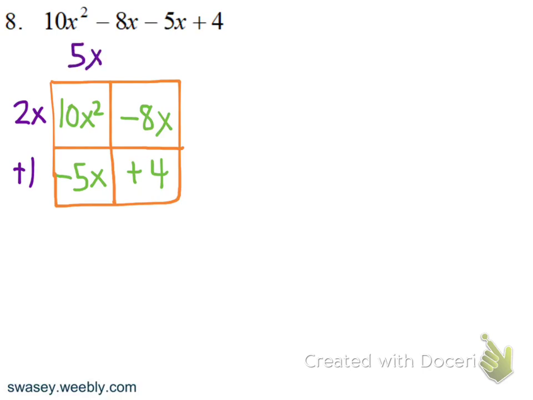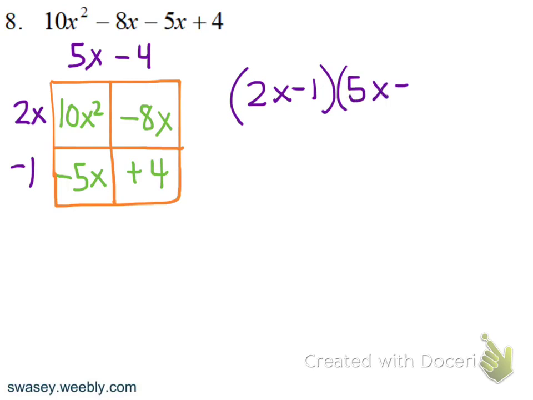Now this has to work from the bottom row. 5x times 1 is 5x, not negative 5x. So what we're going to have to do is try a negative 1 here instead of a positive 1. Now 5x times negative 1 is negative 5x. Let's see if it keeps working. Negative 8x divided by 2x is negative 4. And then on the bottom, negative 4 times negative 1 is positive 4. So we do have the correct factors. 2x minus 1 and 5x minus 4.